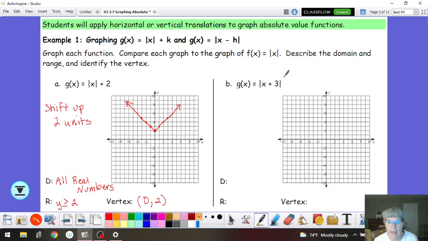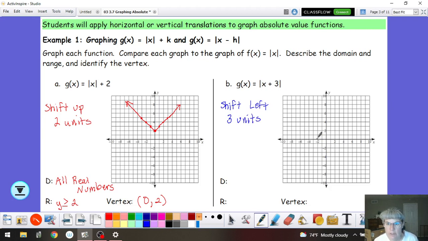If we take a look at example B, this time we have the plus 3 inside the absolute value. Just like when it was inside the expression being squared, this means we're going to shift left 3 units. Remember, when it's inside the grouping symbol, it's going to be opposite of what you think, because it's negative 3 that would cause this to equal 0.